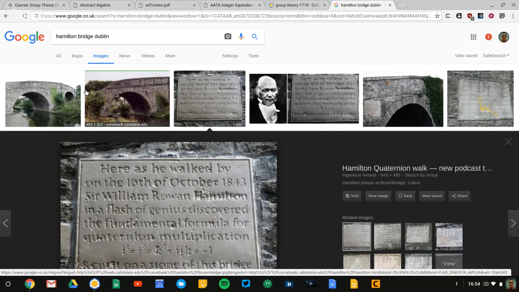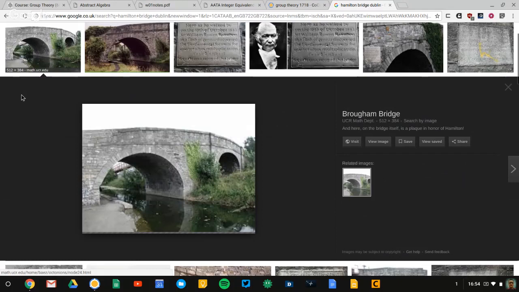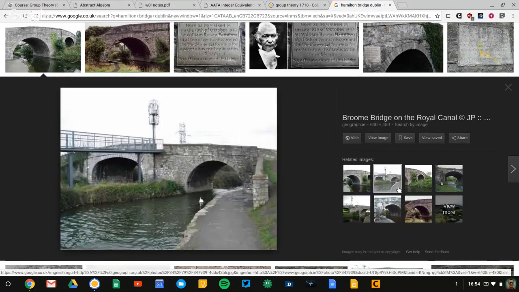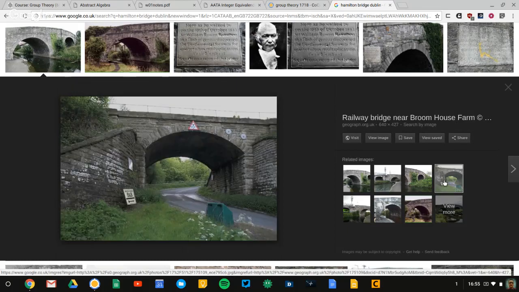Where is that plaque on the bridge, specifically? It looks like it's on the left-hand side there.